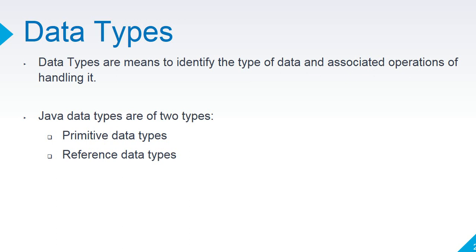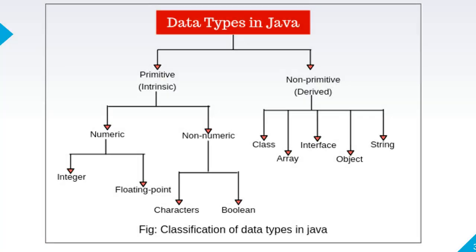Java data types are divided into two types. One is called primitive data types, another one is called non-primitive or reference data types. The primitive data types come as a part of the language. They are the basic data types.